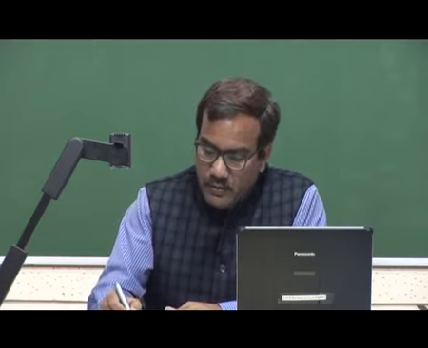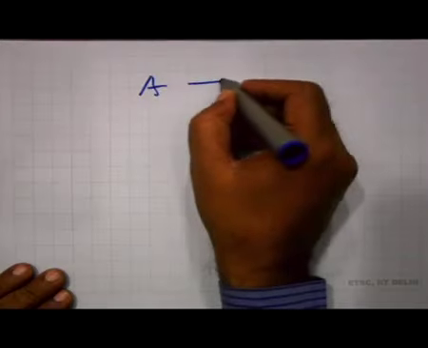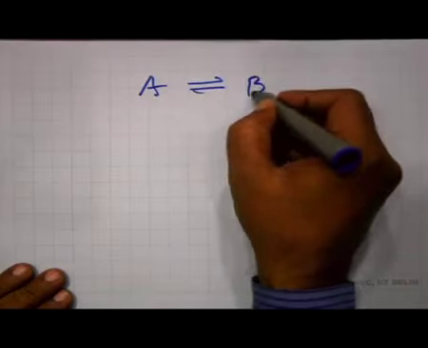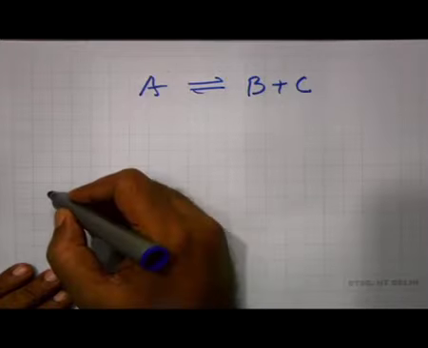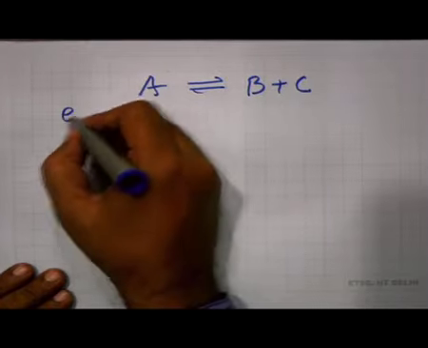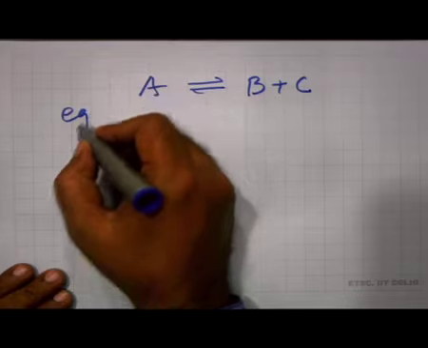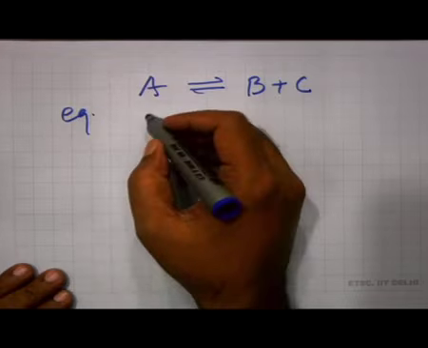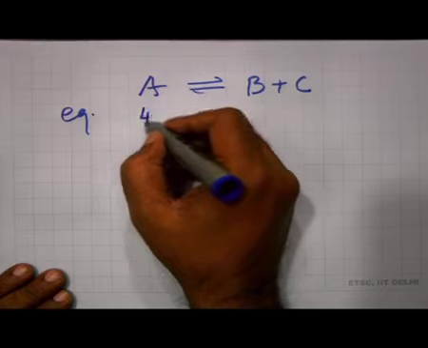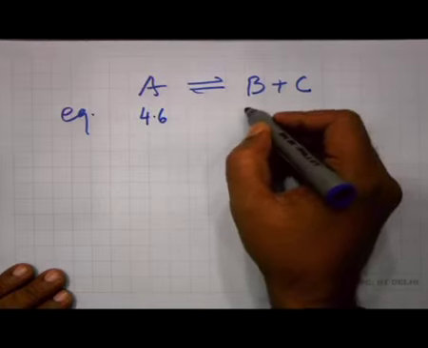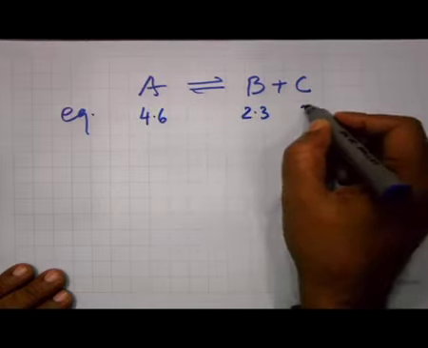So, let us think of this question. The reaction is A going to B plus C, okay, and the equilibrium concentration is given. A is 4.6, B is 2.3 and C is 2.3.